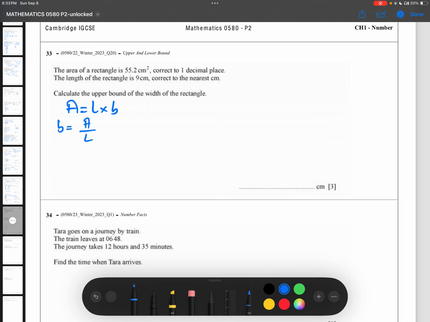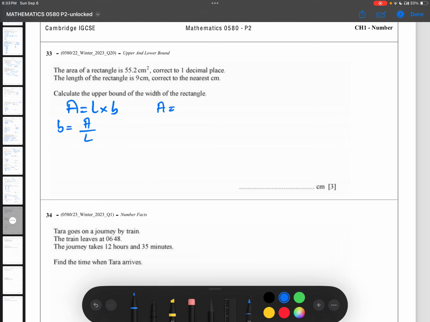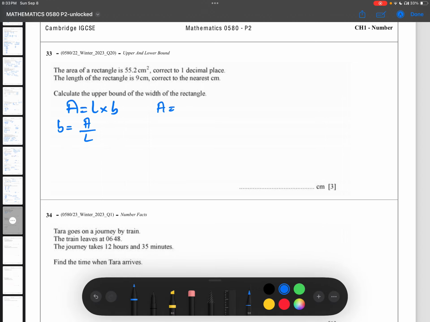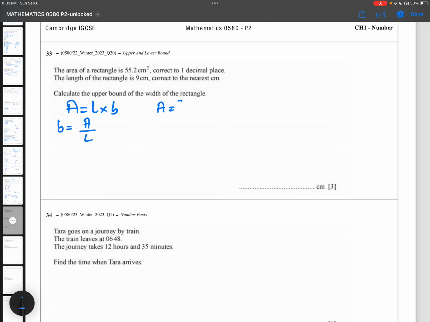In order to get the upper bound, I need the maximum value for A and the minimum value for L. That's how I will get my maximum value for the width. So area is 55.2 and it is rounded off to one decimal place.